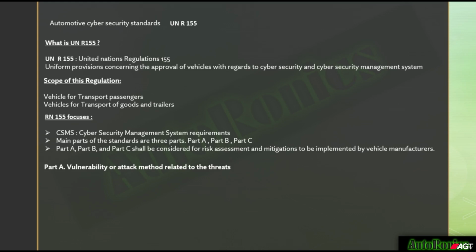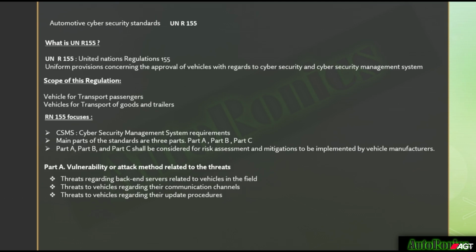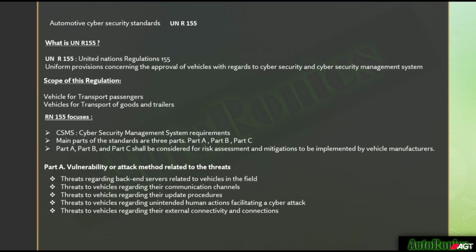When you have the document, this will help you to understand how the document is organized. In summary, Part A discusses the threats regarding backend servers related to vehicles in the field, threats related to the vehicles and their communication channels, threats to vehicles regarding their update procedures, threats to vehicles regarding unintended human actions facilitating a cyber attack, threats to vehicles regarding their external connectivity and connections, then vehicle data or code, and potential vulnerabilities that could be exploited if not sufficiently protected or hardened.